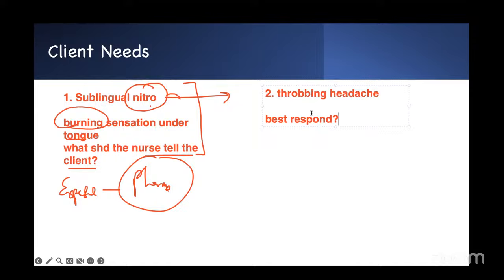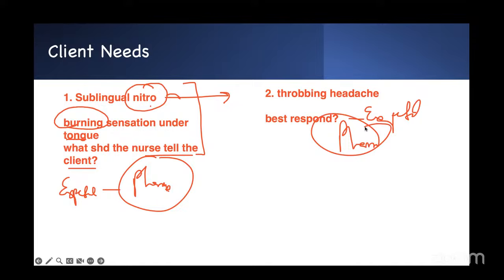I'm using nitro to show you all the little details the NCLEX tries to test. If you identify what kind of question they're asking you and put it under client needs, it will be easy. Therefore, this is also an expected finding. It's talking about pharmacology. This is a pharmacology question.